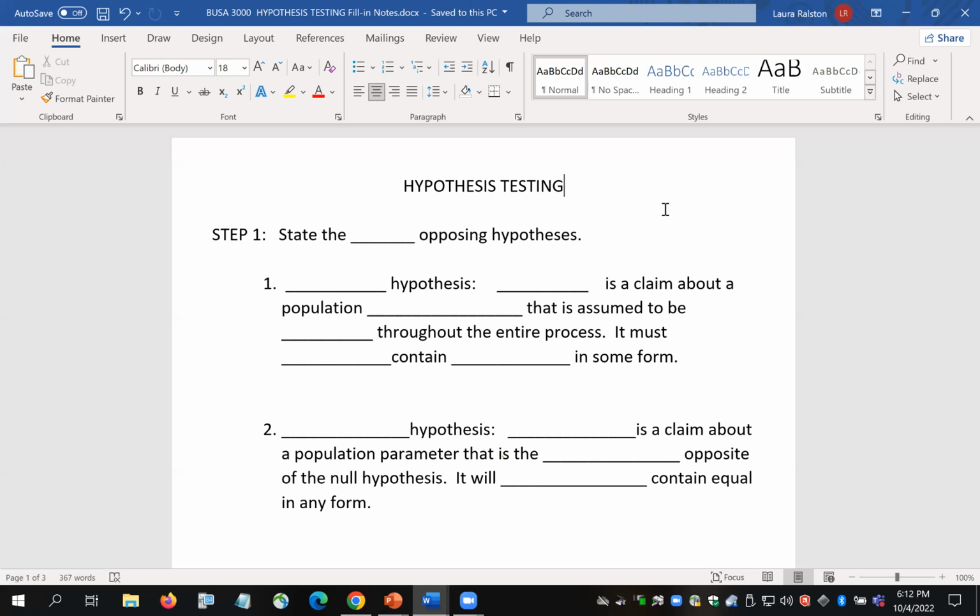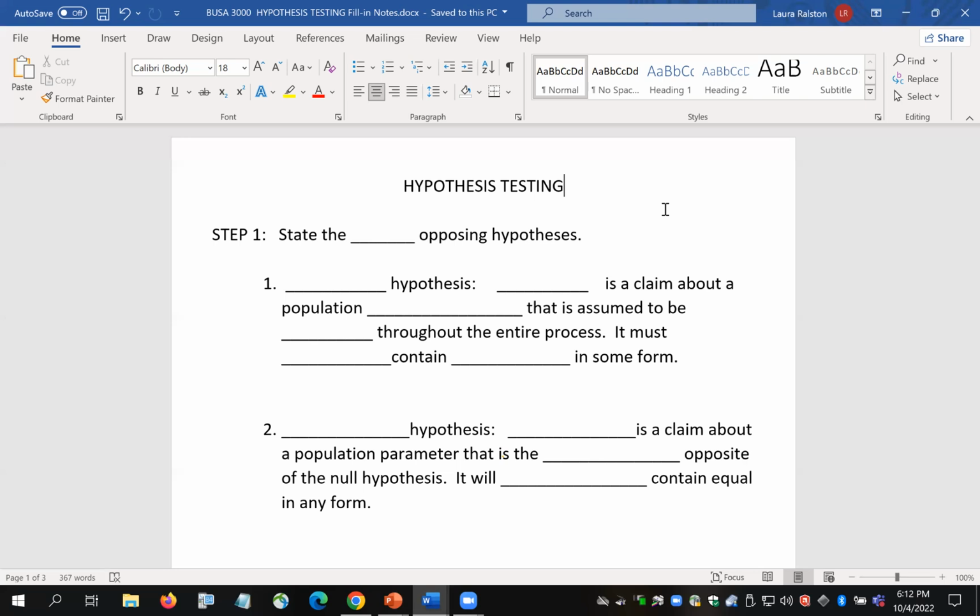Okay, which then either supports our contention that they were innocent or does not support our contention. So the idea of a hypothesis test is similar to a court case.